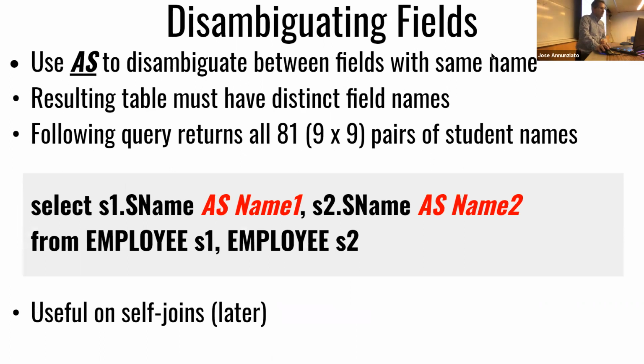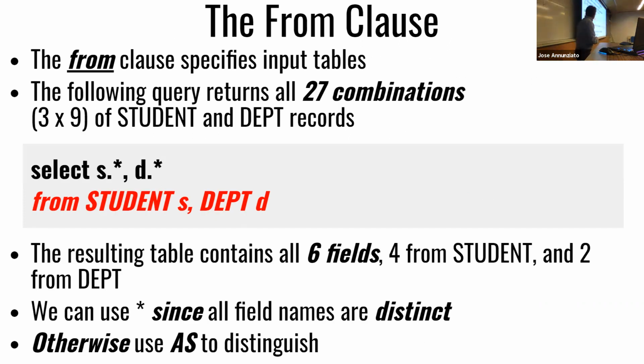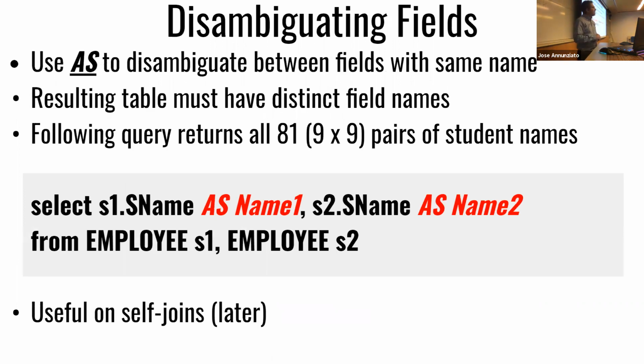First of all, let's talk about whether we put a prefix or not. If there's no ambiguity, then there's no reason to put a prefix. Now, there are some cases, like the example we saw earlier about self-referencing, where renaming a table is handy.